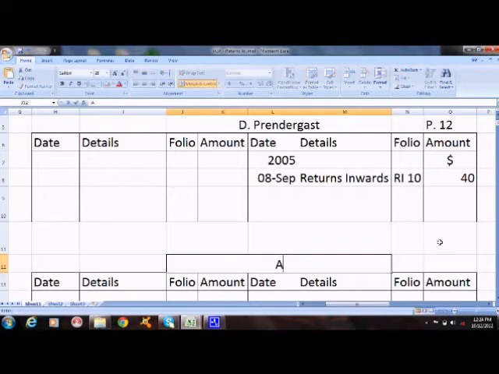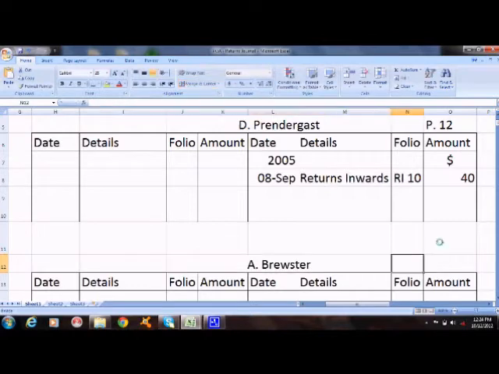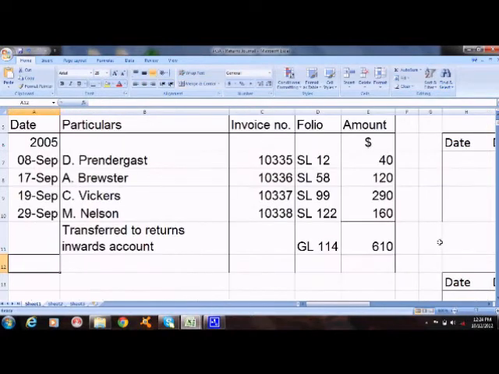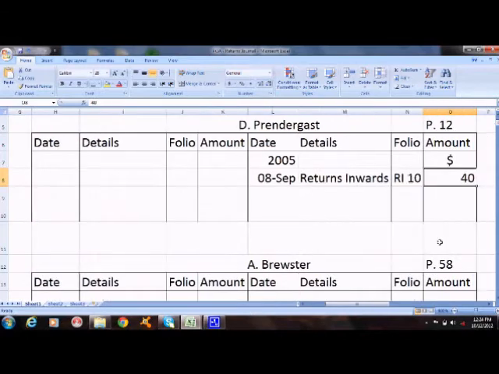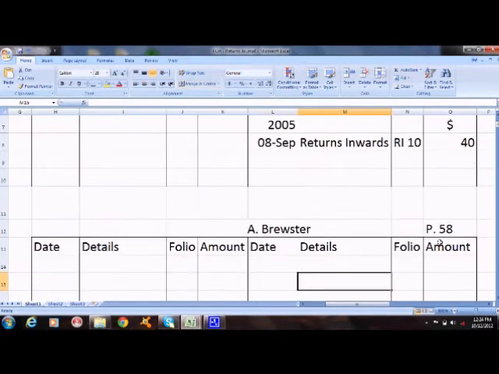Next one is A. Brewster, page what? Page 58. This comes from this SL58, which is that page. It is page 58 of the sales ledger. So we are writing A. Brewster's account on page 58 of the sales ledger.